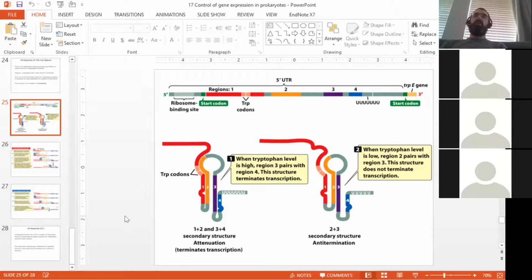And so what consequence does cyclic AMP bound to CAP have when it comes to the lac operon? What does it do? Yeah, it doesn't so much turn it on, it just makes it work better, right?